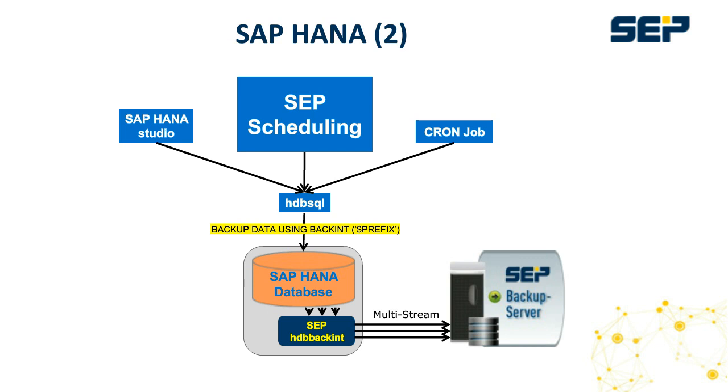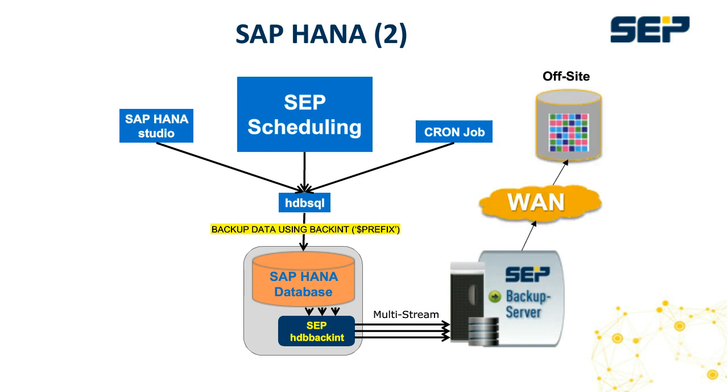Everything is transported directly to the backup location, and of course we can use our deduplication and replication technology to do an off-site backup, to do a cloud-based backup, also for business continuity and for cost efficiency. This is a really interesting solution to use our deduplication and replication in that case.